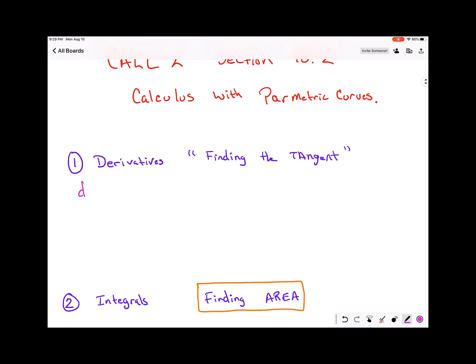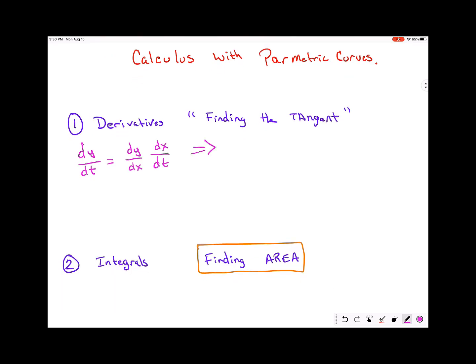So let's look first at the derivative. If I look at the chain rule with dy/dt, and I write dx here and dx there as well, and then solve this for dy/dx, I get dy/dx equal to dy/dt divided by dx/dt. So to find the tangent at a given point, I take the y part and its derivative with respect to t, and divide that by the x part and its derivative with respect to t.